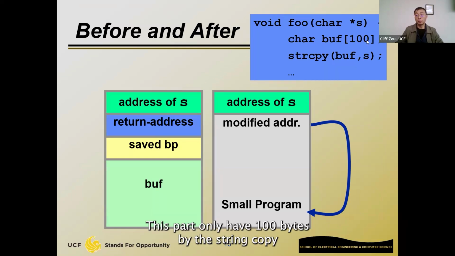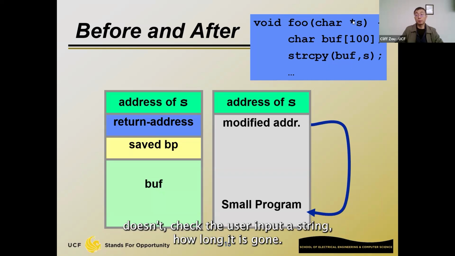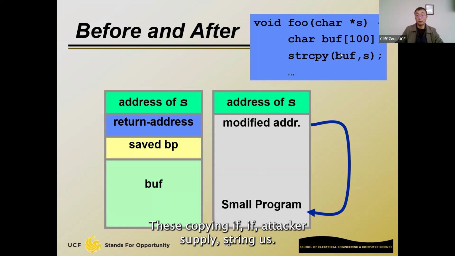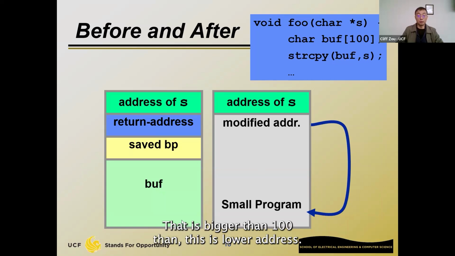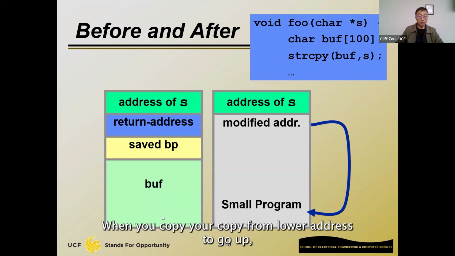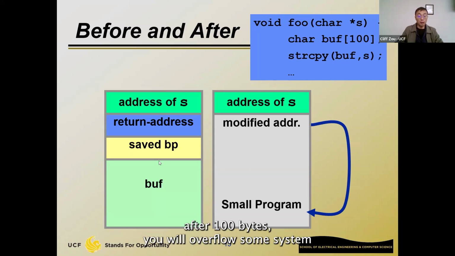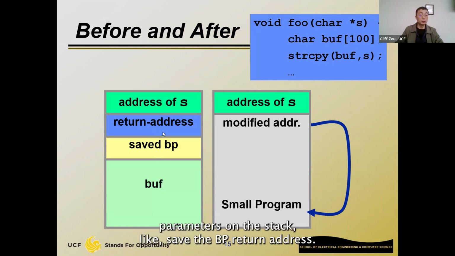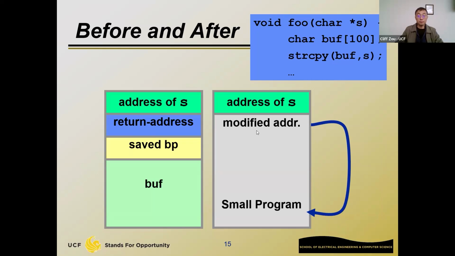This buff only has 100 bytes, but string copy doesn't check how long the user input string is. If an attacker supplies a string s that is bigger than 100, then this is lower address, this is higher address. When you copy from lower address going up, after 100 bytes, you will overflow some system parameters on the stack, like saved BP and return address.